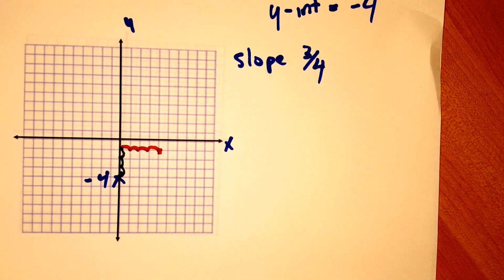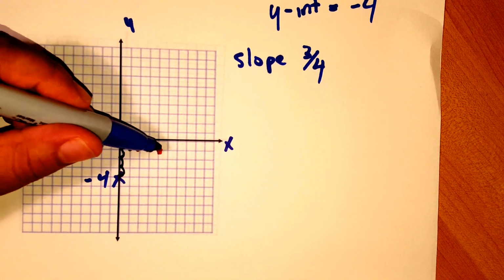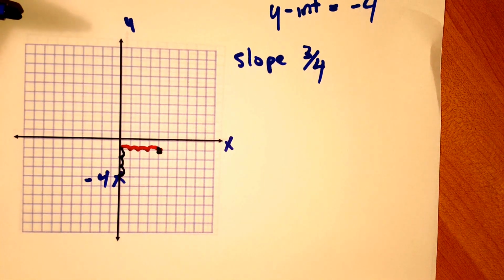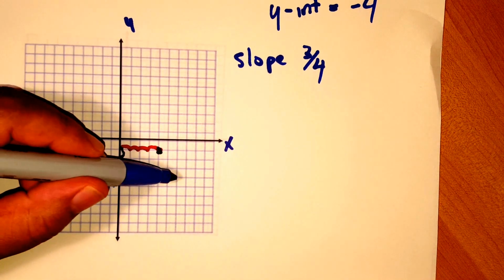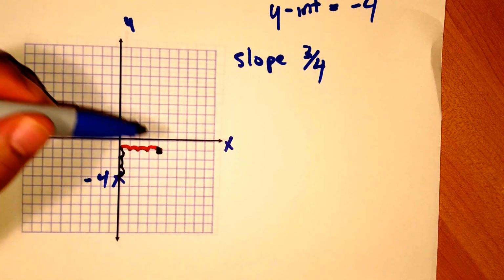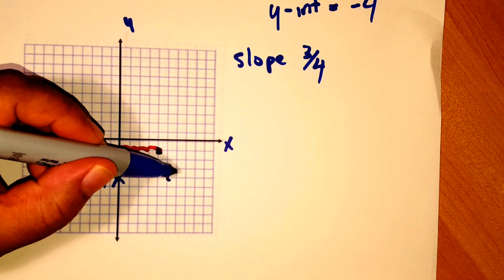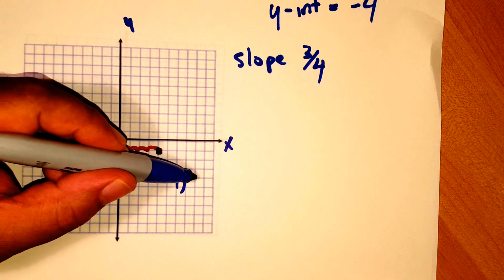So now we're at this new point. And that coordinate is, what's that? X is 4, y is -1.